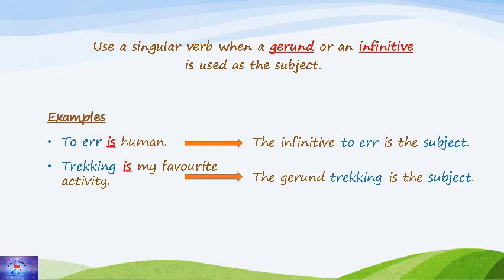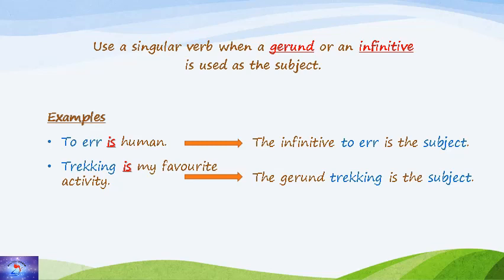Here to err is the subject and it is in infinitive form, so the singular verb is used after the infinitive subject. And in the second sentence, trekking is my favorite activity. Here trekking is the subject and it is a gerund, so the singular verb form is used after the subject.